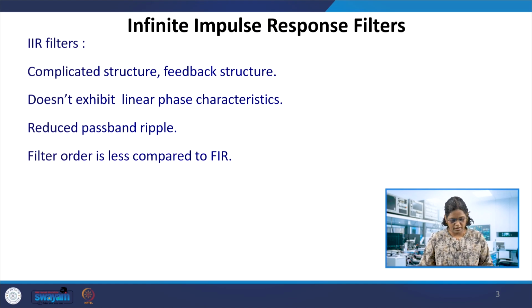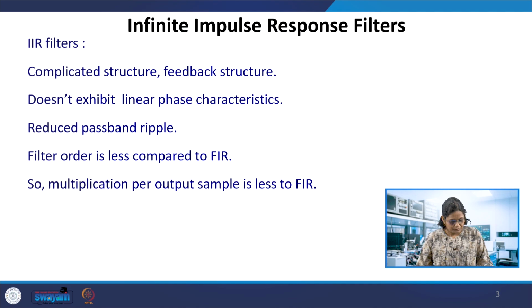Also, the filter order is less compared to FIR, meaning for the given specification, if you design an FIR and an IIR filter, the order of the IIR filter will be lesser than the FIR filter to get the same characteristics. And so multiplications per output sample are fewer than FIR. That means to get the y of n, the multiplications would be fewer than FIR.